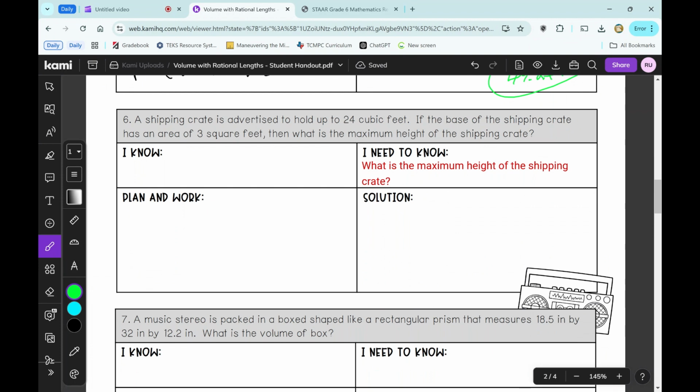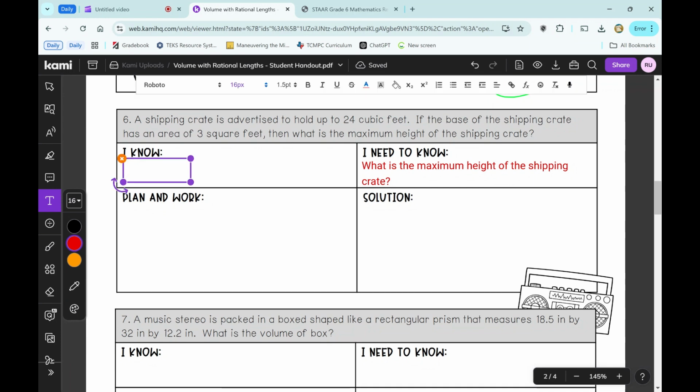A shipping crate is advertised to hold 24 cubic feet. If the base of the shipping crate has an area of 3 square feet, then what is the maximum height of the shipping crate? So we need to know what the maximum height of the shipping crate is, but what we do know is that the volume is 24 cubic feet.